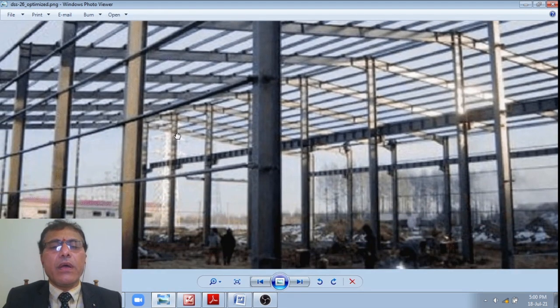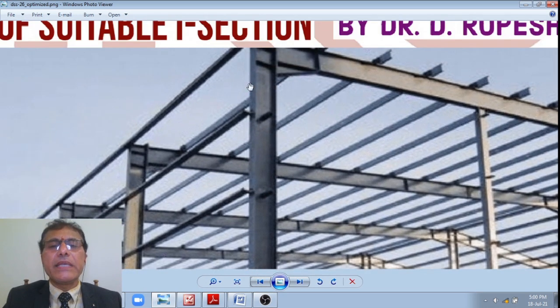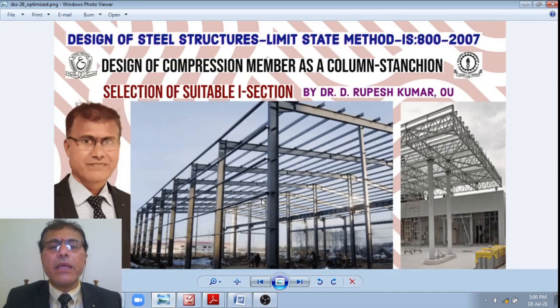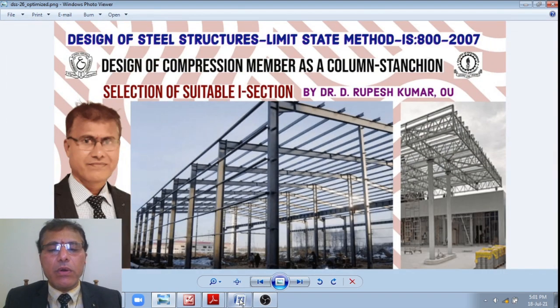Now we have calculated that this column of ISHB 350 can carry only 1860 kilonewton about the minor axis of buckling, not the major axis of buckling. Now I hope you understood this problem.